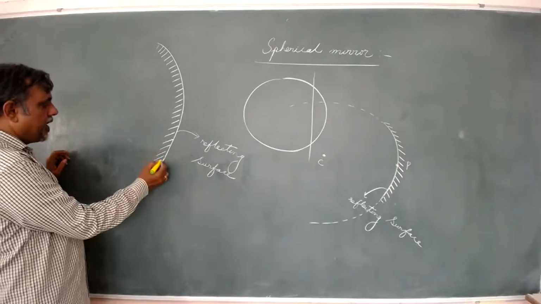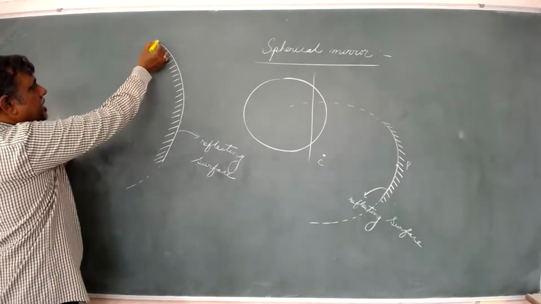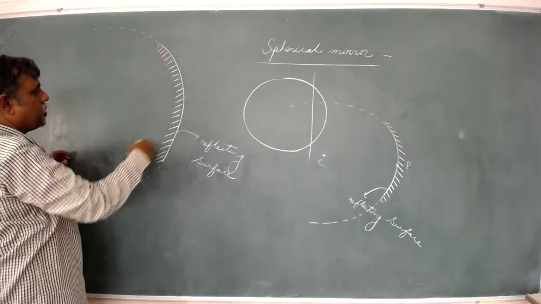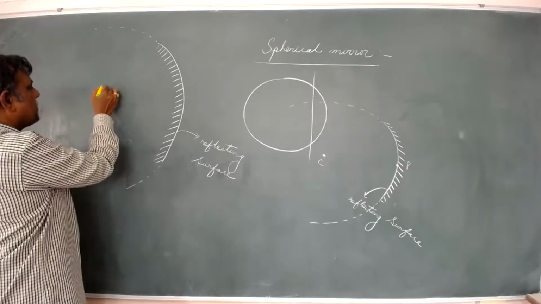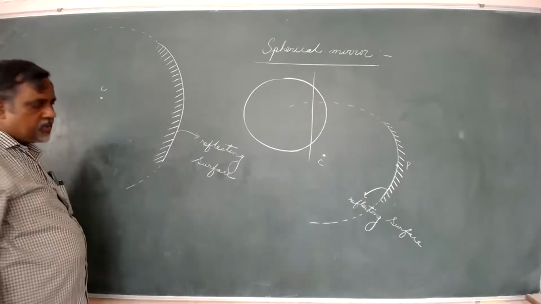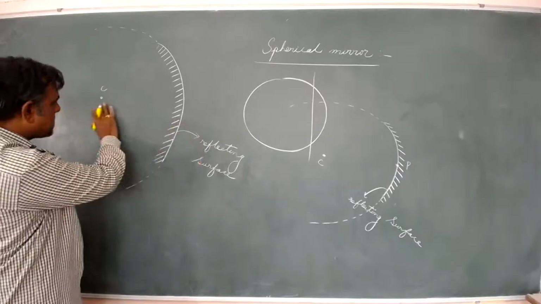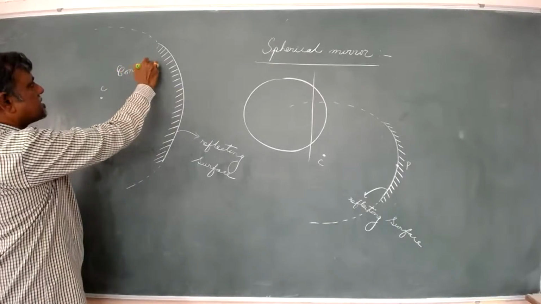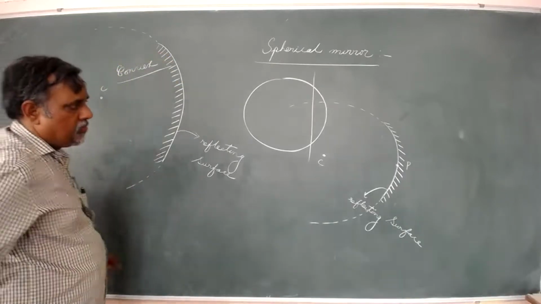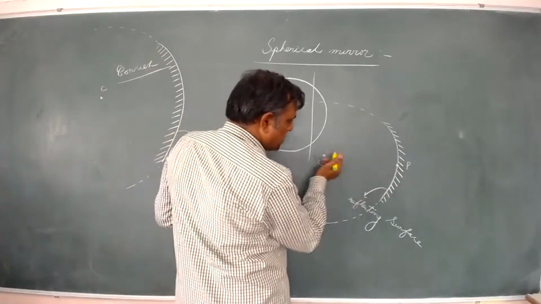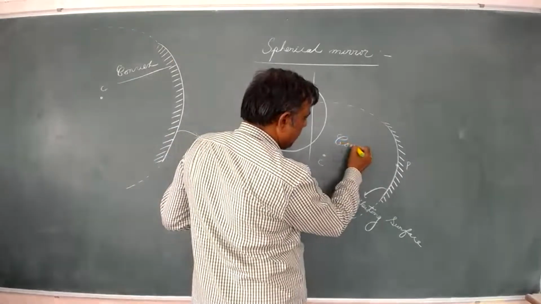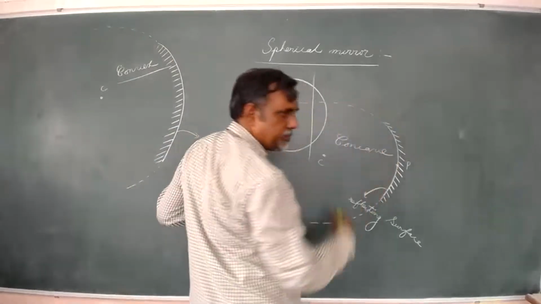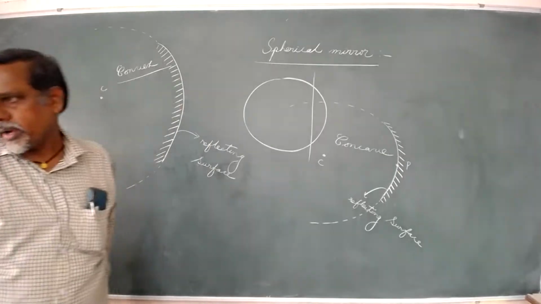But where is the center of curvature? You will obtain the center of curvature when you extend this portion. So this becomes the center of curvature. When the reflecting surface is away from the center of curvature, this mirror is convex. When the reflecting surface is towards the center of curvature, this mirror is concave.